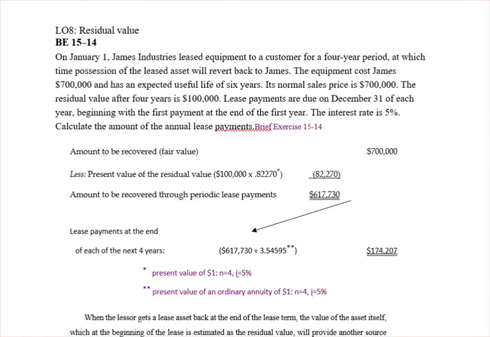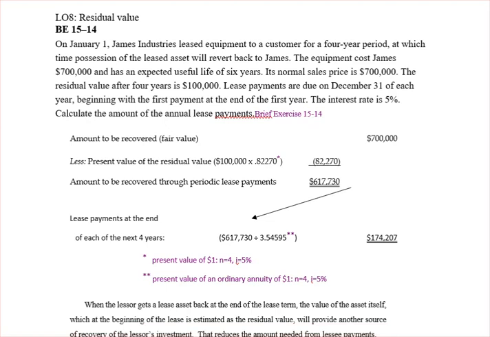With residual value, it's handled exactly the same way. You have an amount to be recovered, you have a present value, you have this amount coming through those payments. You figure out the factor on this and you get this. It's wonderful, okay?